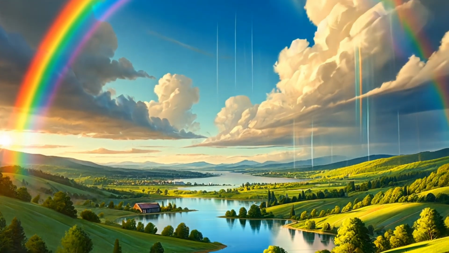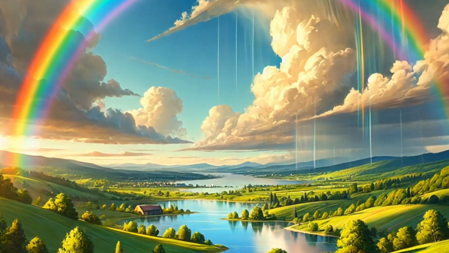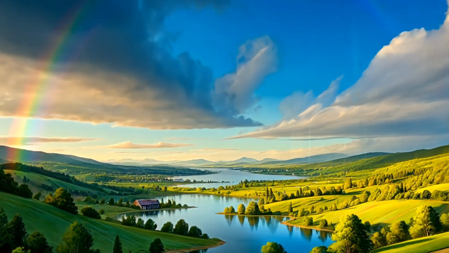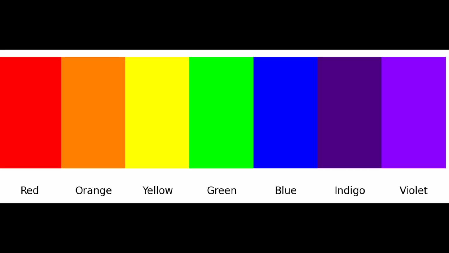One of the best inspirations for a kid-friendly color palette is the rainbow. The rainbow consists of red, orange, yellow, green, blue, indigo, and violet. But instead of using all 7 colors at once, we will look at how to create harmonious combinations.